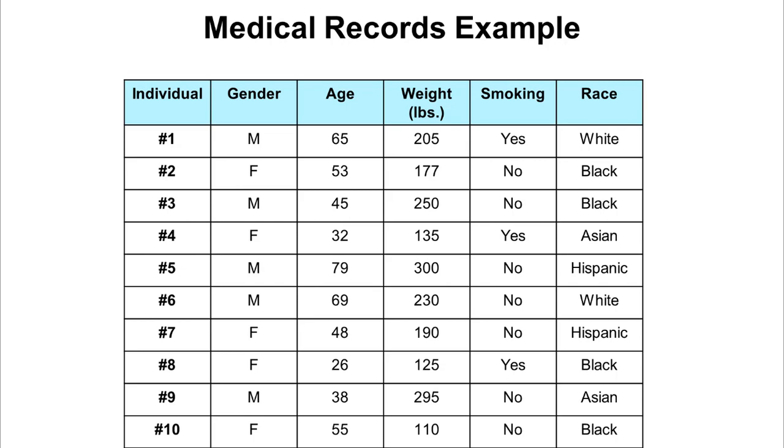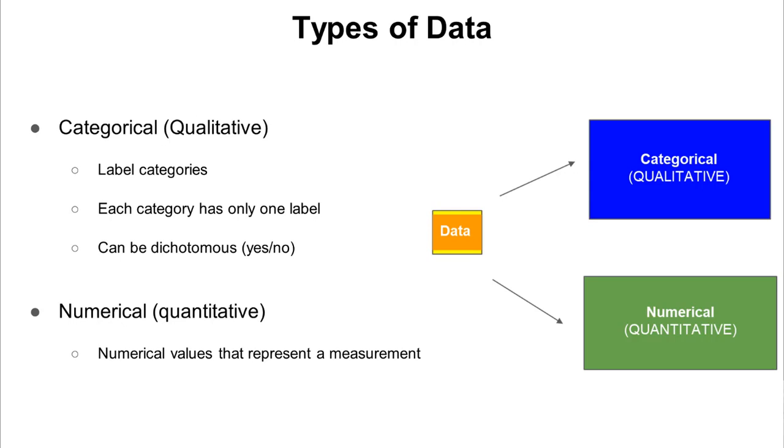If I wanted to record it and condense that information, I can say 50% of this patient population was male and 50% of the patient population was female. Again, I can do the same thing with smoking and race. Oftentimes, categorical data is described as a proportion or a percentage. Hopefully that example made the types of data delineation a little bit more clear.